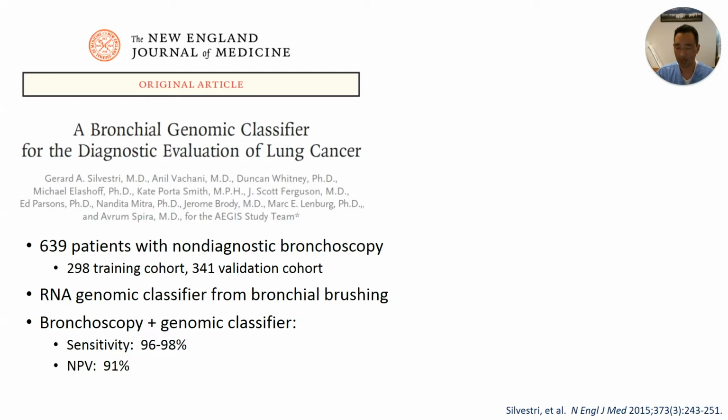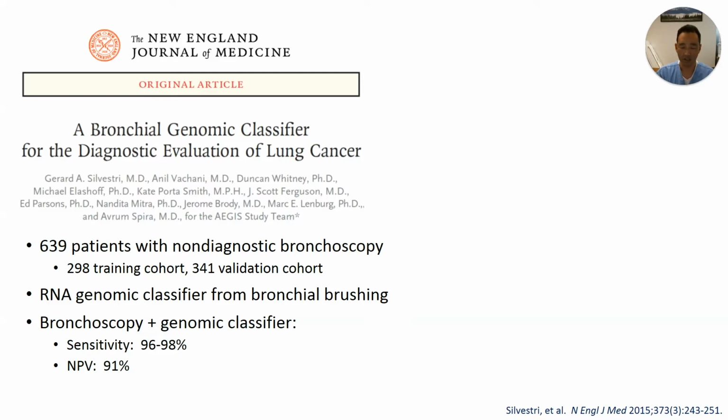So we perform bronchoscopy, and before even doing your navigation and biopsies, we would then brush the large airways, send those cytology brushes off for RNA evaluation. And based on these data, a genomic classifier was generated.